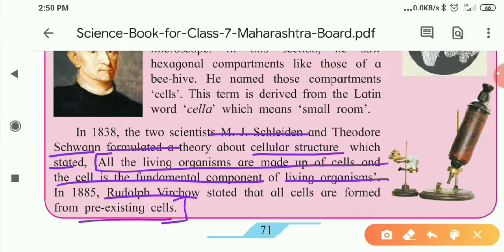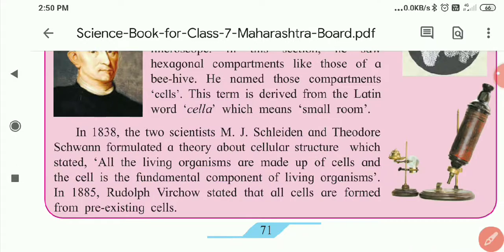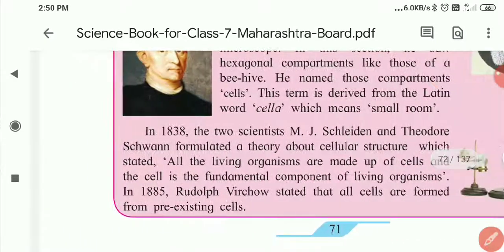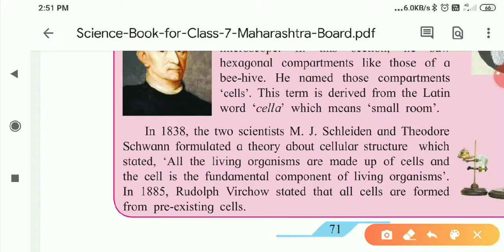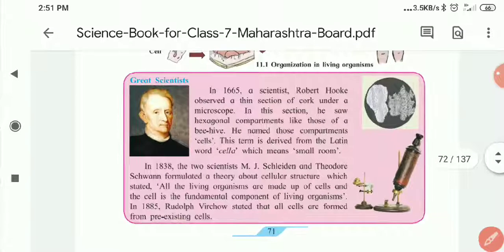Okay, whenever they started to study this, they put forth their theories and opinions with the help of these statements. So M.J. Schleiden and Theodor Schwann said that all living organisms are made up of cells, and the other scientist, Rudolf Virchow, said that all cells are formed from pre-existing cells. Okay, so that is about the history of the cell.